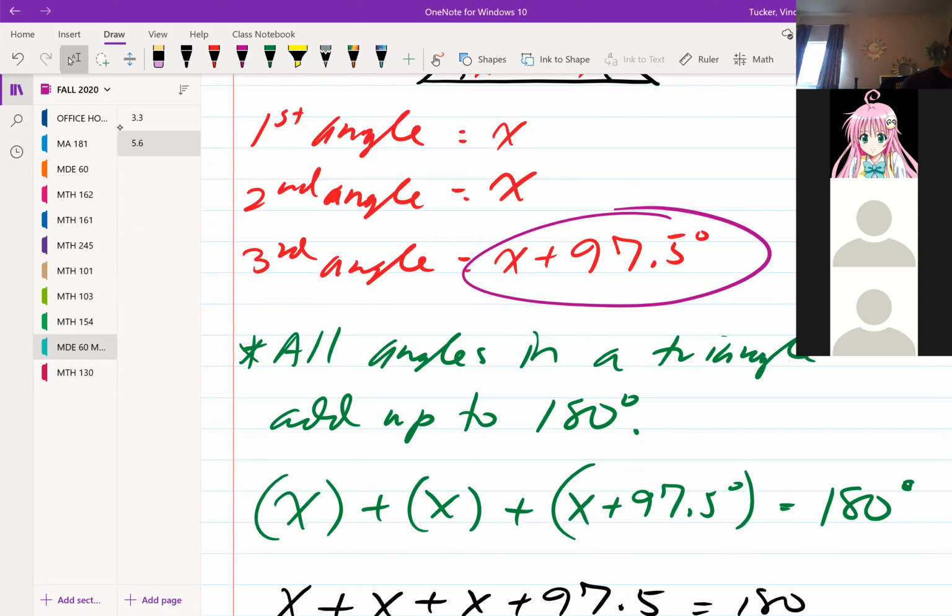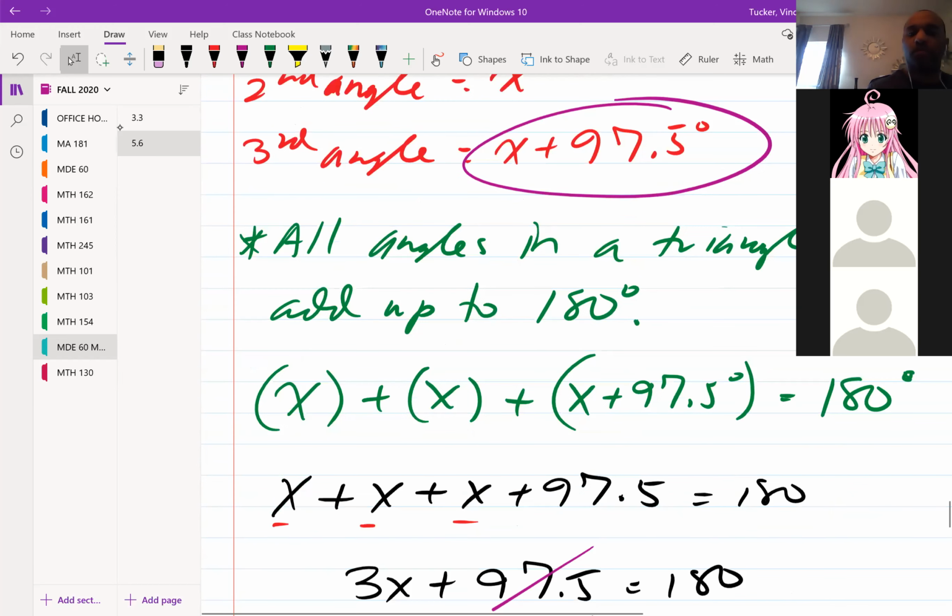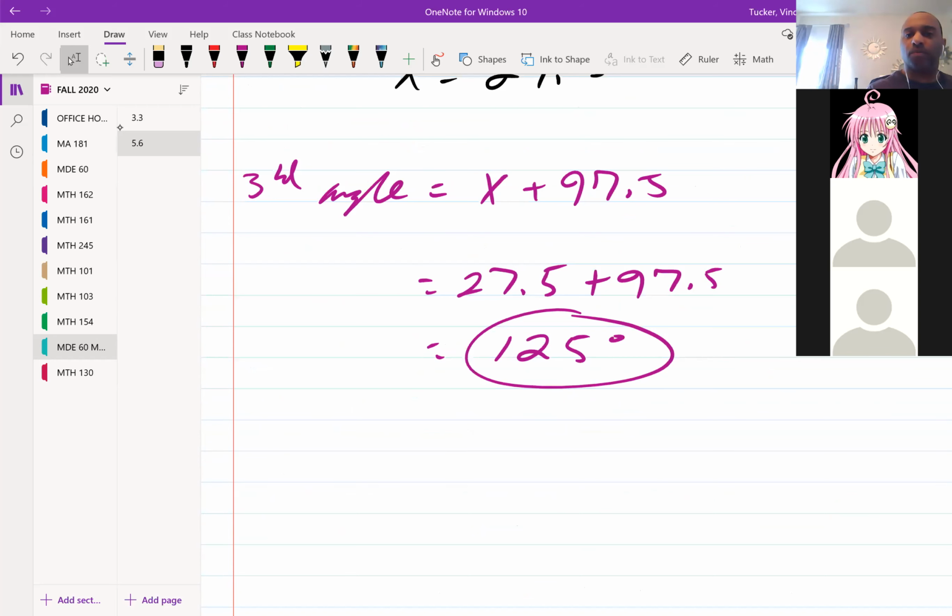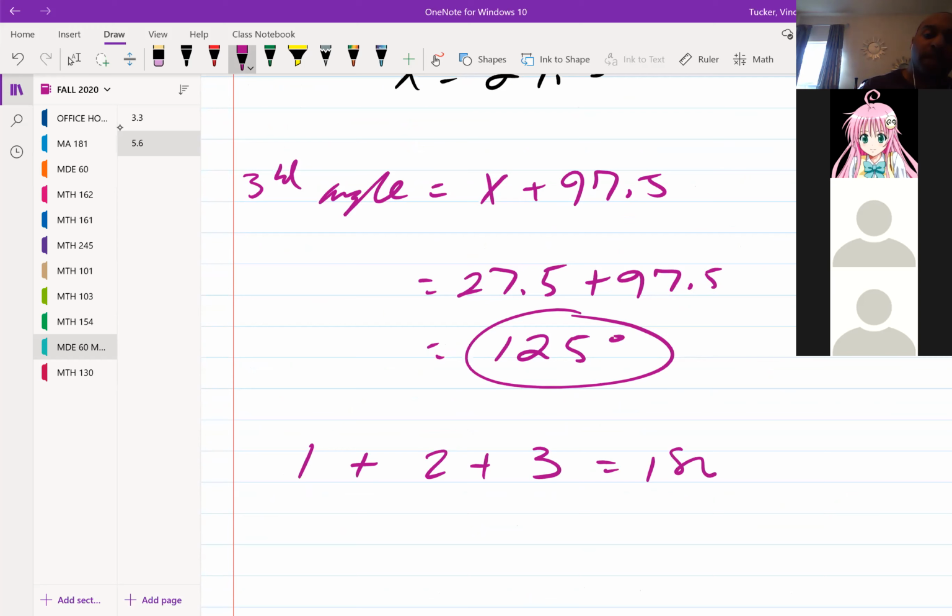So can I ask you this 125, is that the two x's that we don't know, the two other variables for other sides? No, that's just 27.5 plus the 97.5. Now, if you're talking about all your angles added together, remember angle 1 plus angle 2 plus angle 3 is supposed to add up to 180.